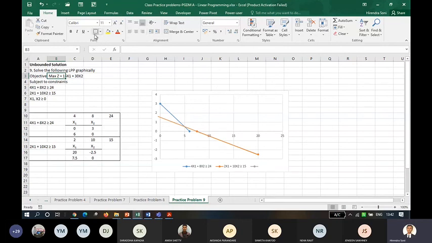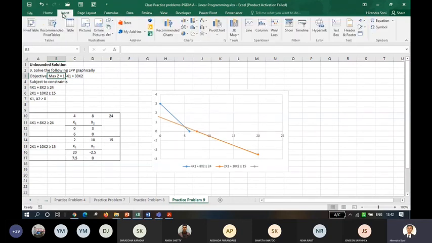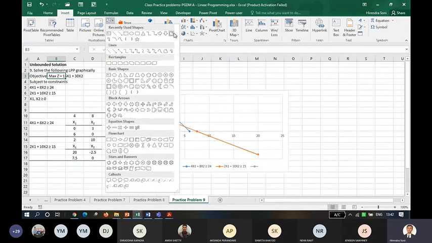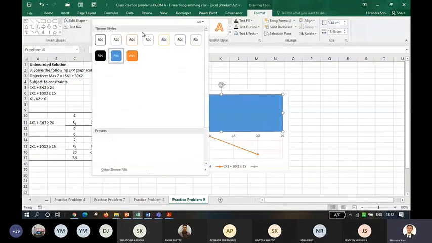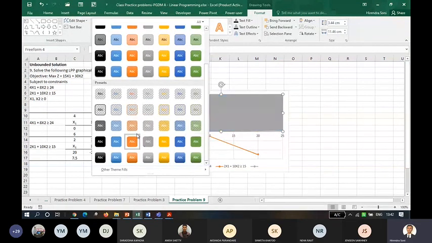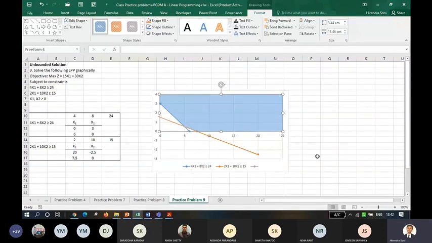So your common region is clear. This is your common region.